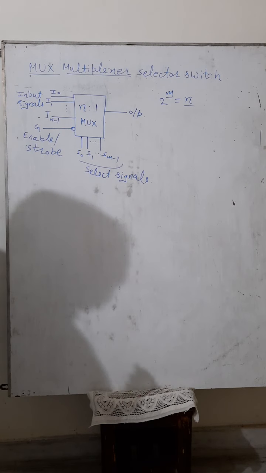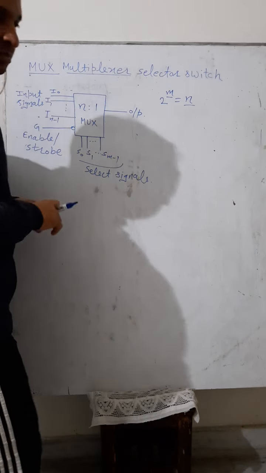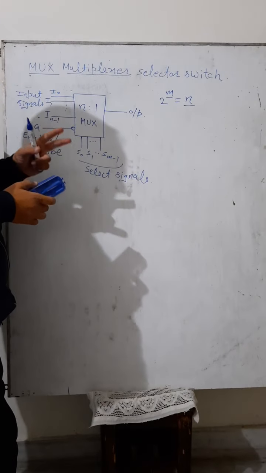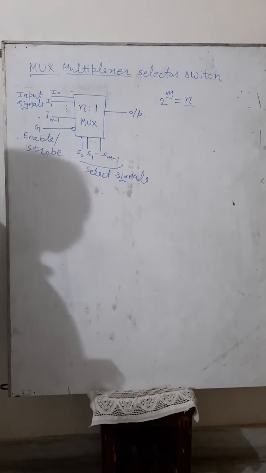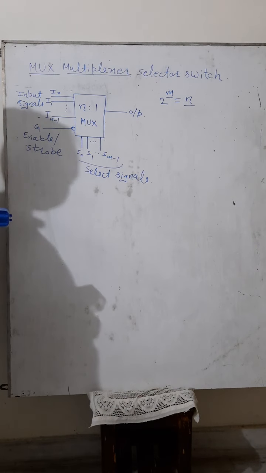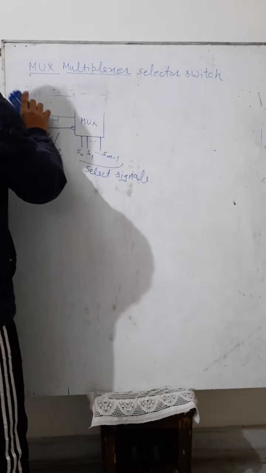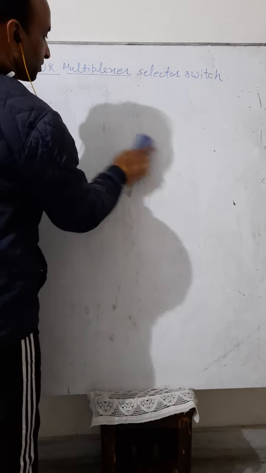Okay, as a simplified example, we can write here the example of 4 is to 1. Firstly, we will understand it by a very simple example of 4 is to 1, because this is a general example of n is to 1, but we understand it by a very simple example of this Mux as 4 is to 1.